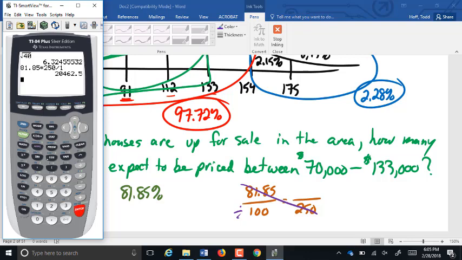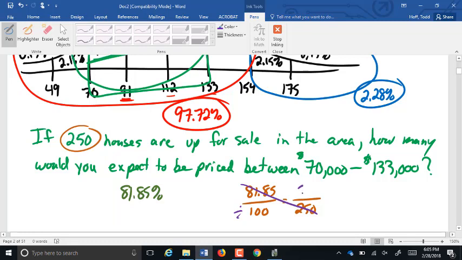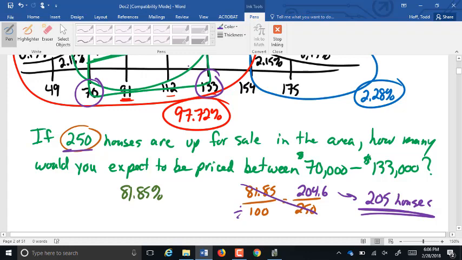I'll just move the decimal. We get 204.6, so 204 to 205 houses. We would round that to 205 houses. We would expect there to be 205 out of those 250 houses priced between 70,000 and 133,000, just because of the mean and standard deviation.